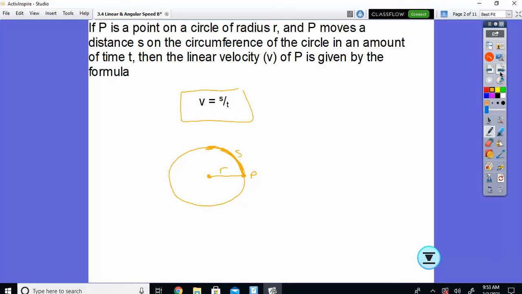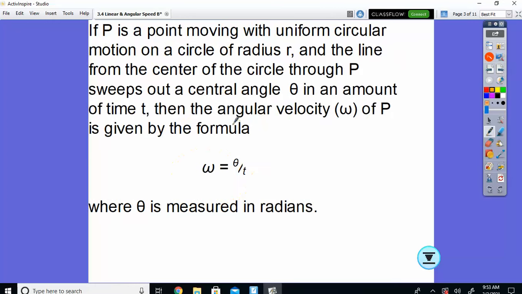We can also talk about how fast the angle is changing. Now if we had the same setup, we have our radius, we have our point, and it moves, you could give the speed in terms of how fast it's moving on the outside, but you could also give it in terms of how fast the angle is changing. That is angular velocity. So angular velocity, just like any other velocity, distance divided by time.